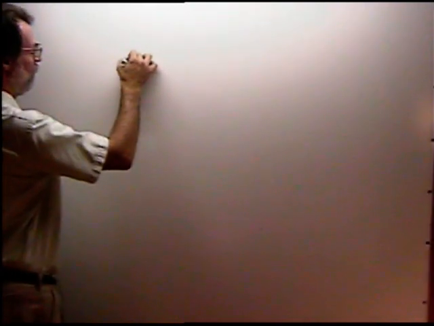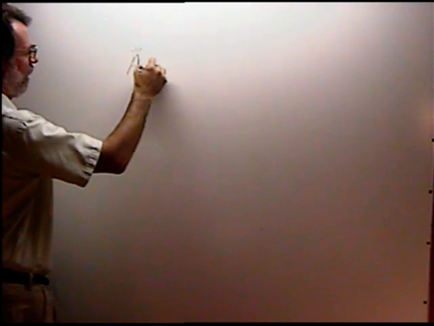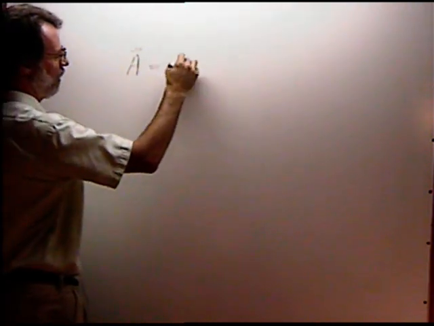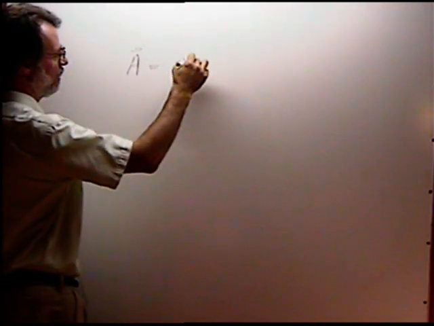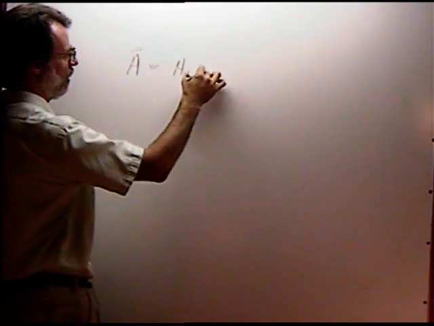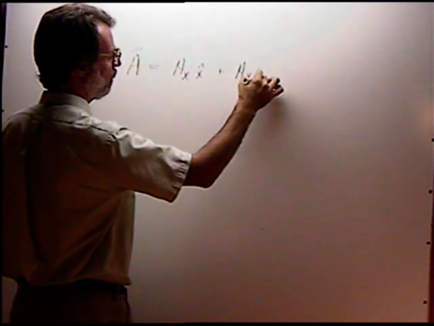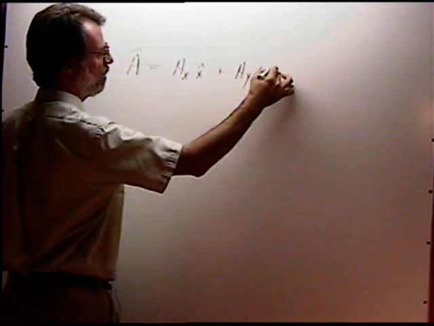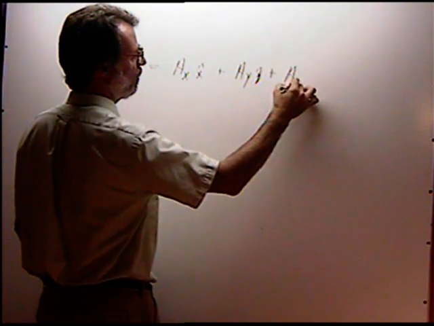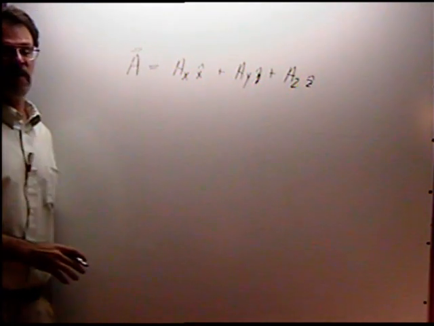Let's say the vector A has an x component, Ax, plus a y component in the y direction, plus an Az component in the z direction. That would be a three-dimensional vector.